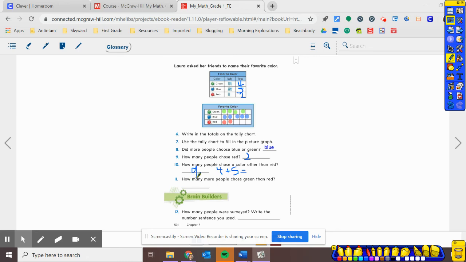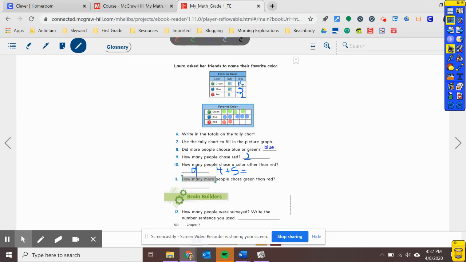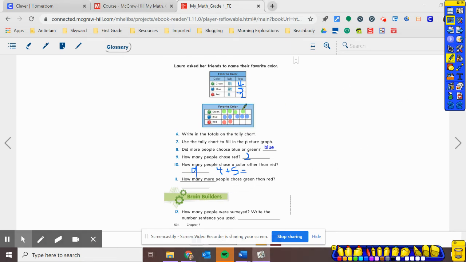And the number 11 says, how many more? Ooh, I want to underline that. How many more? I suggest that you underline it too. How many more people chose green than red? So let's look at those 2 numbers. I have green, I have 4. And how many more tells me, why did I underline it?